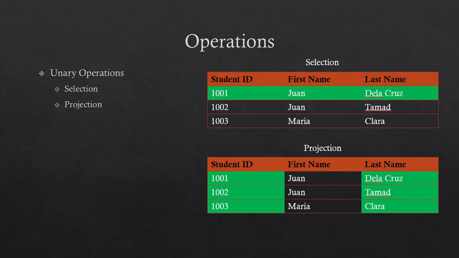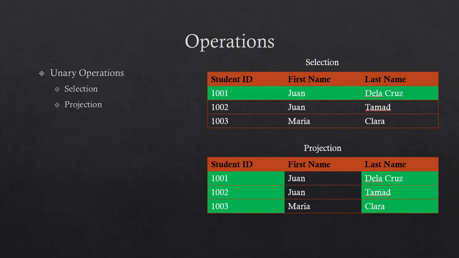In projection, you work on a single relation, and this defines a relation that consists of a vertical subset of the table. If you extract the values of the specified attributes and eliminate duplicates, that's also something projection does. So in this sample, you can select student ID and last name, and then from there you can treat it however you like.